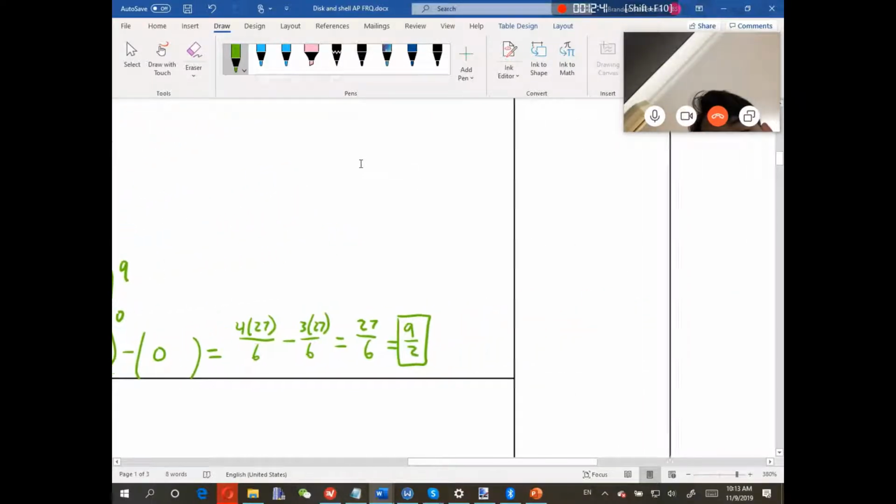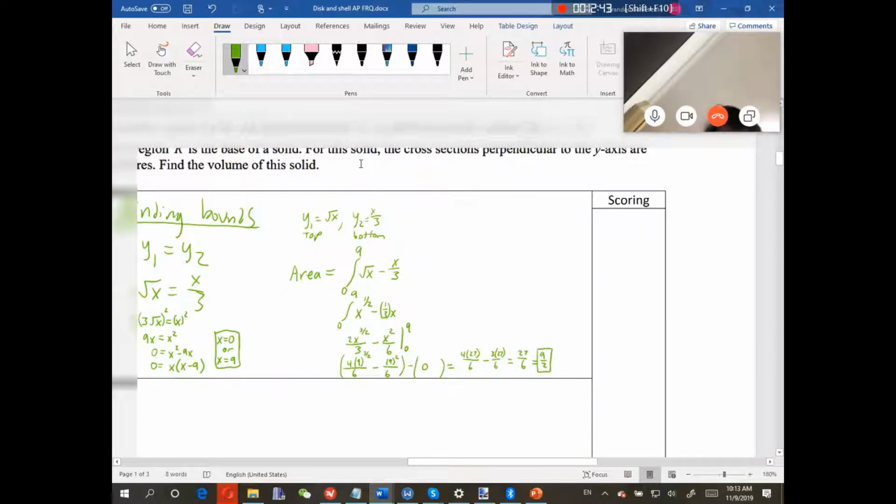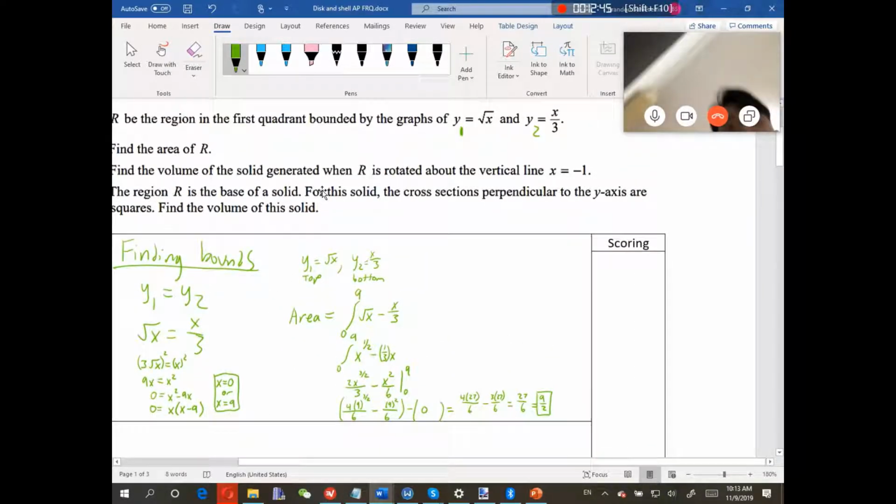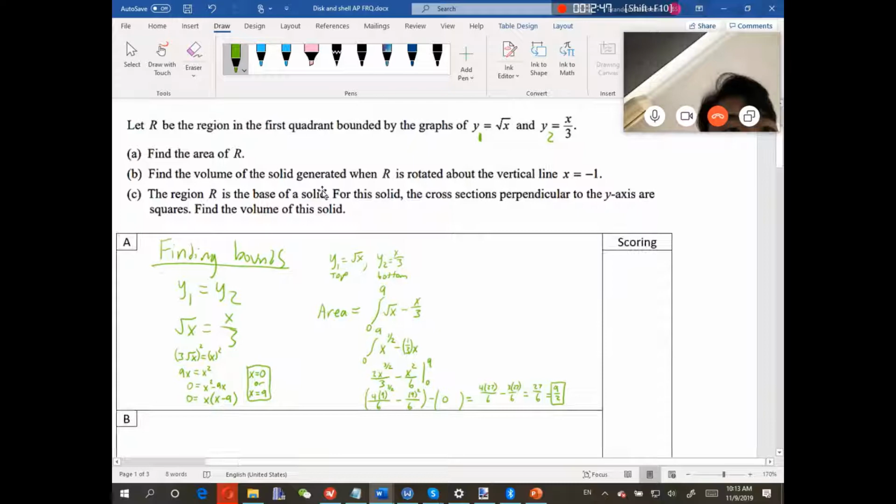Yes, for the first part. Okay, so our area was 9 over 2. Any questions on part A? Okay, I'm going to go ahead and, since we got a little bit of space here, I'll graph what we just did too.